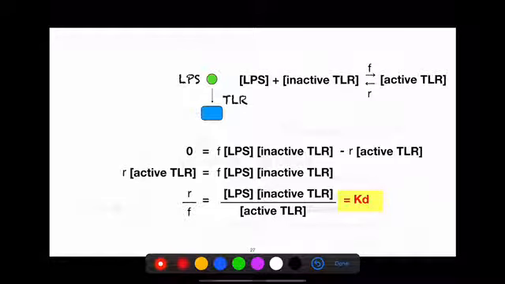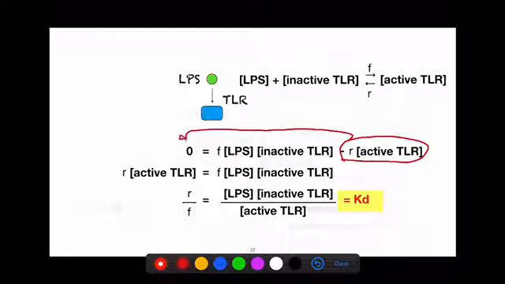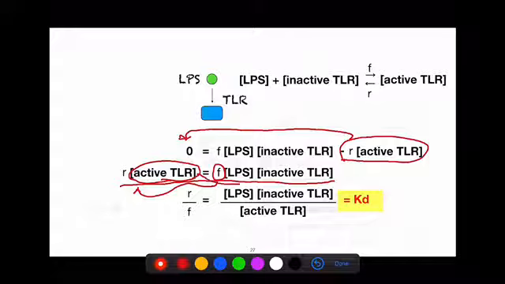And what we can do is to move this part to the left-hand side. Then we can arrive at this. And simply then move the forward rate to the left-hand side and move the active TLR to the right-hand side.